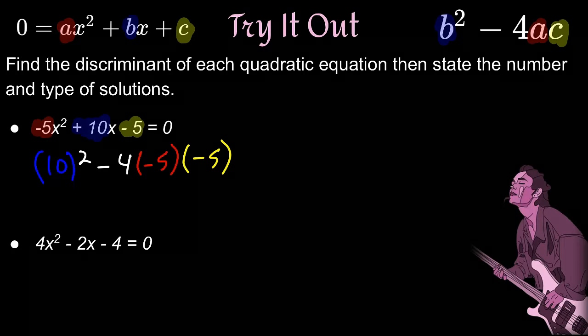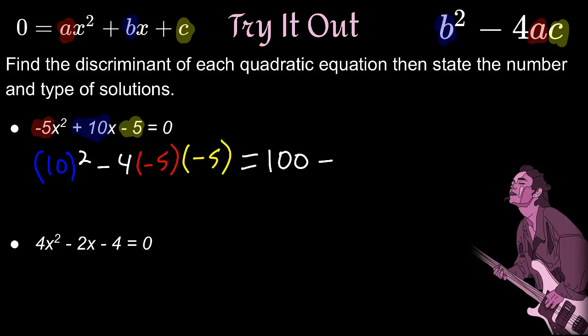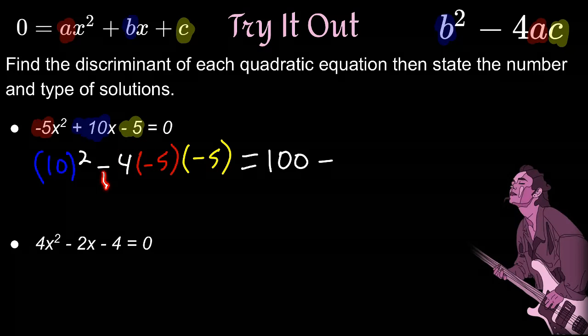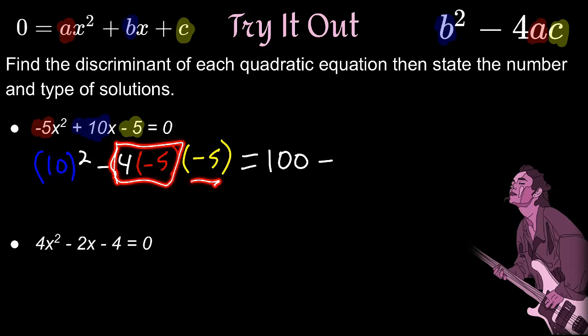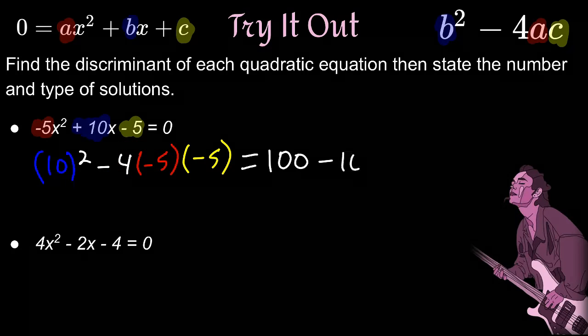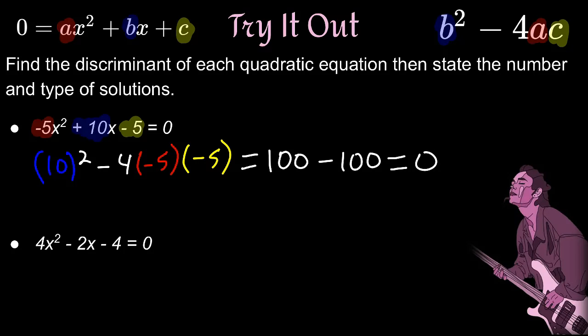All right, so the 10 squared is 100 minus 4 times, since I already put that negative right there, I can ignore it now. 4 times -5, that's -20, times -5 is +100. Negative times a negative is always a positive. So minus 100. So in our first situation, we have a discriminant equal to 0.